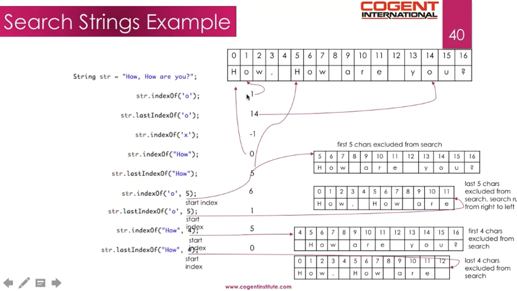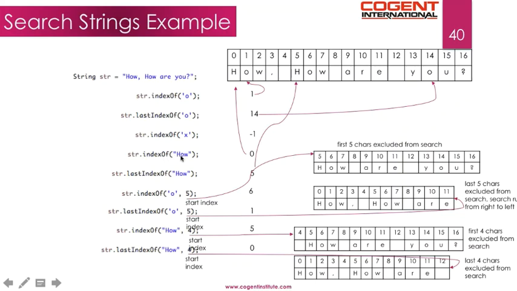In this case, it is at index 1. str.lastIndexOf('o') will find the last occurrence of character o in the string object. In this case, it is at index 14. str.indexOf('x'): x is not present in the string object, hence the return value is -1.